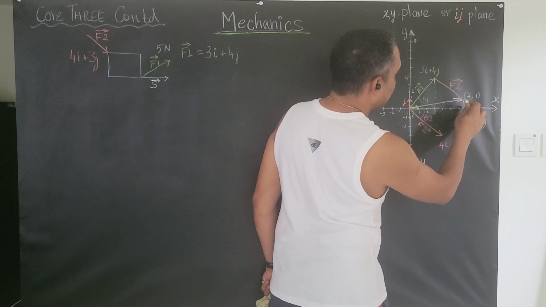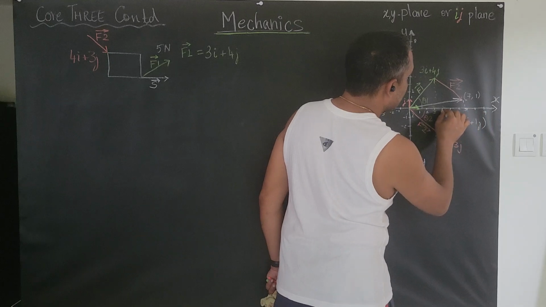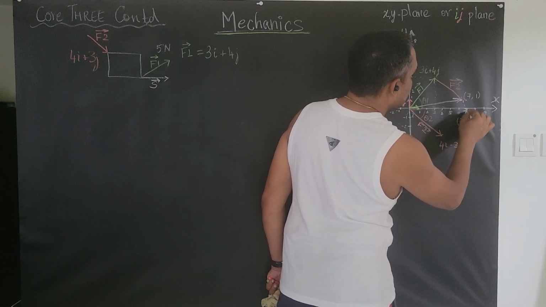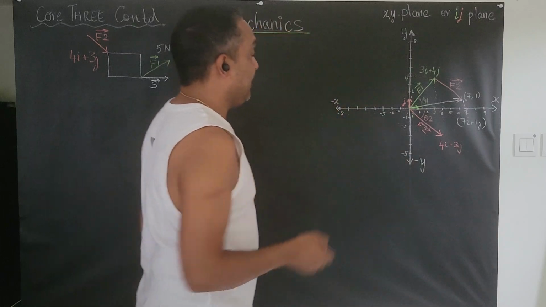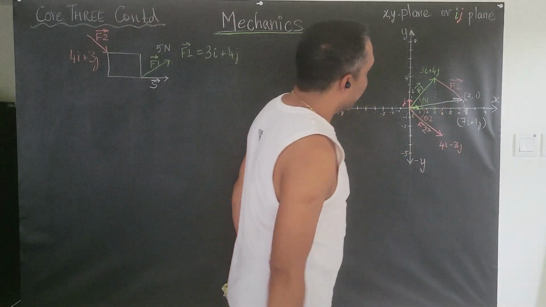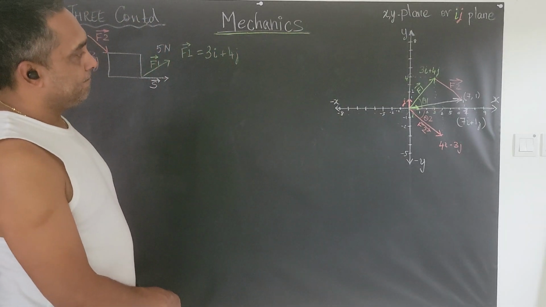So at that point, this is 4, 5, 6, and 7. That is the point, 7 times the unit value. That is the resultant vector.